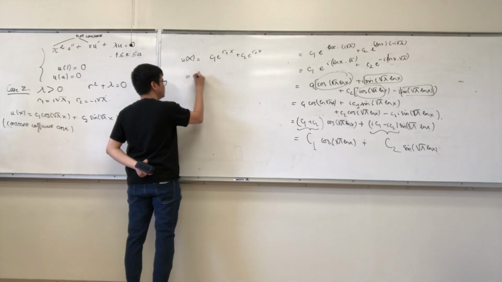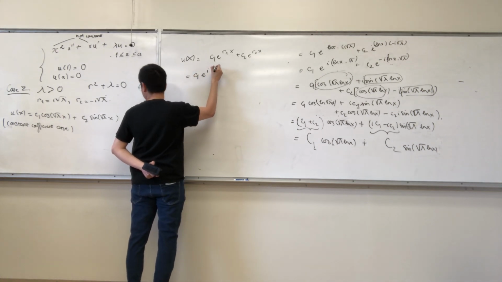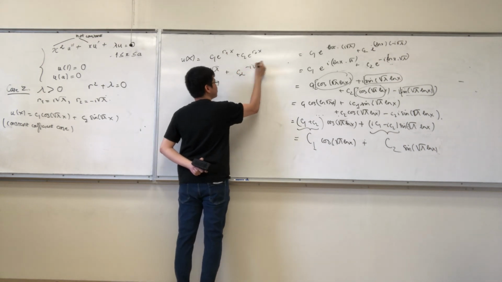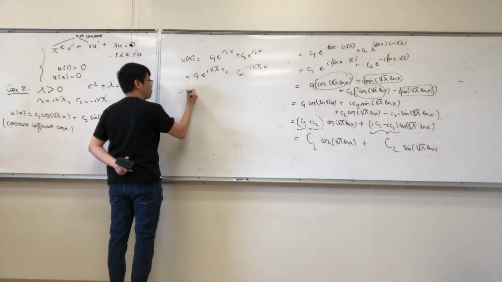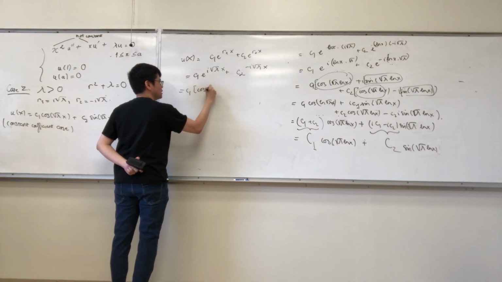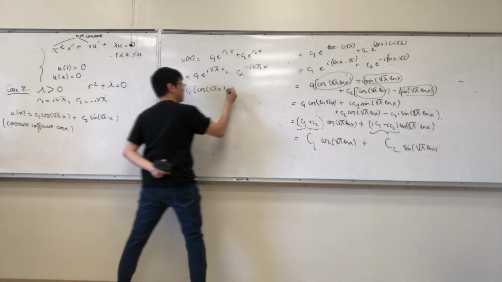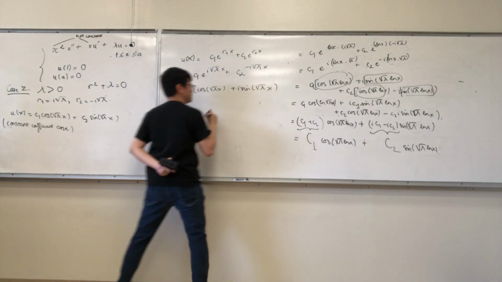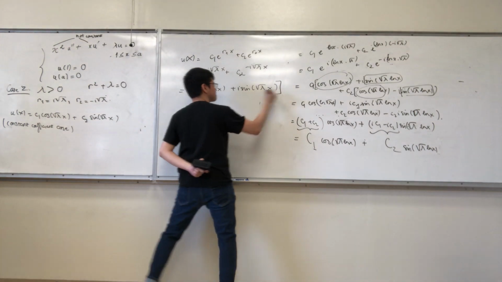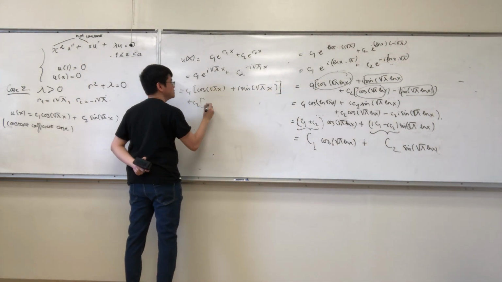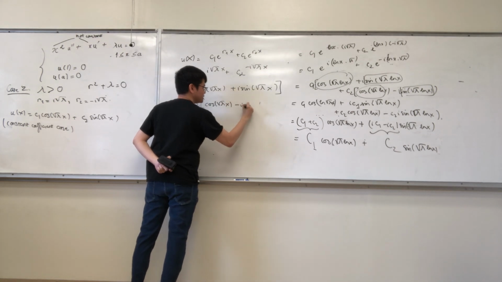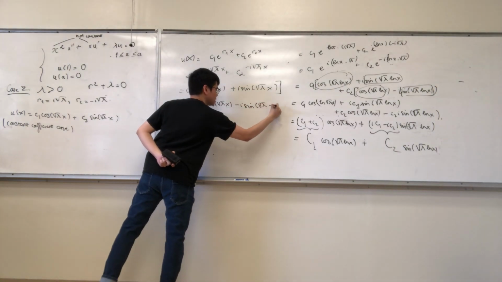And then this is C1 e to the I square root of lambda x plus C2 e to the minus I square root of lambda x, right? And you use our Euler formula. You have cosinus of square root of lambda x plus I sinus of square root of lambda x plus C2 cosinus of square root of lambda x minus I sinus of square root of lambda x, right?